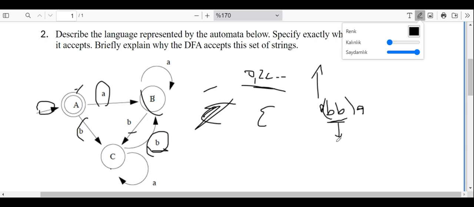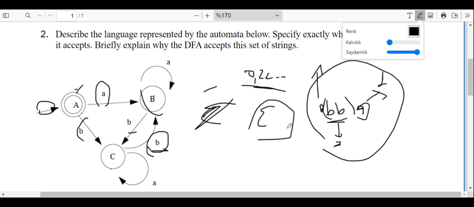Here there are two B's and any number of A's. Here I have one A. This is the empty string, and these are both our definition of the accepted language.